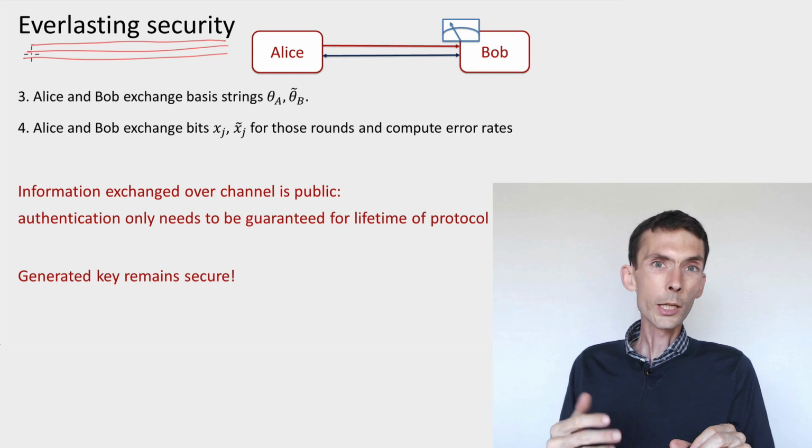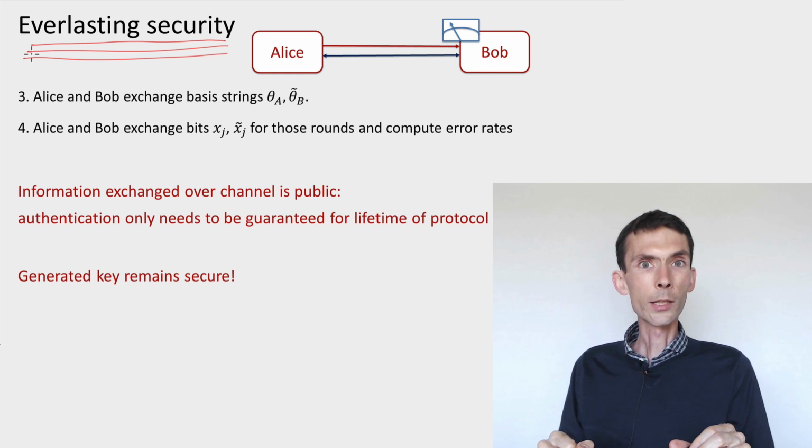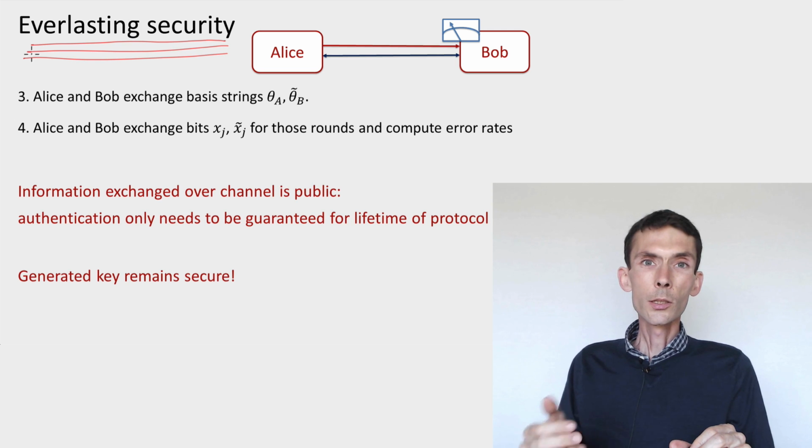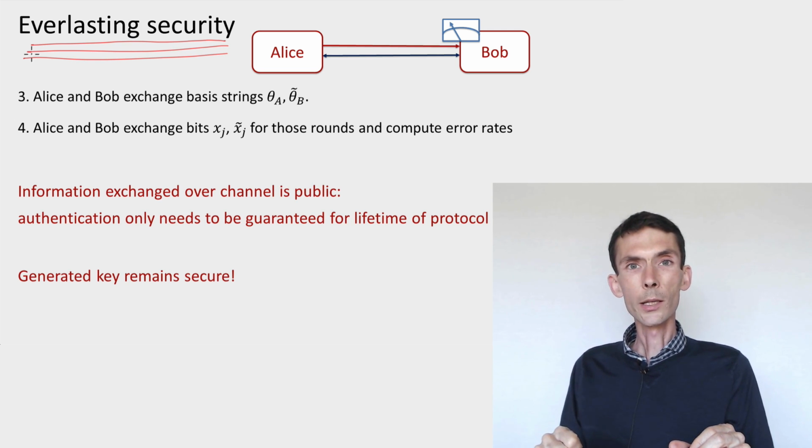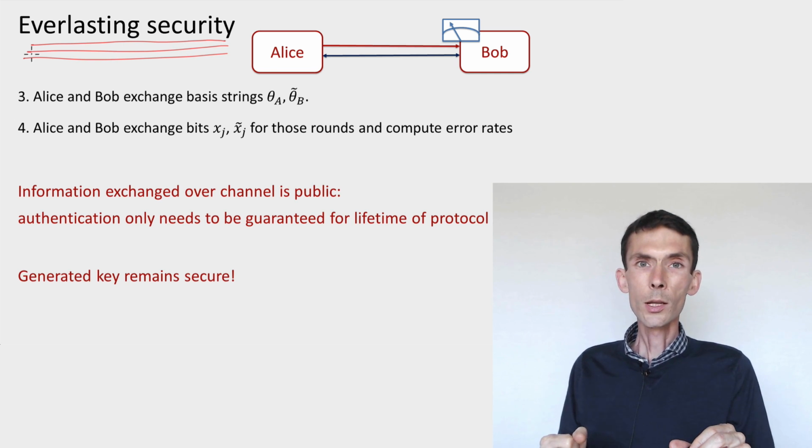Which means that we can consider implementing this authenticated channel not using information theoretic security, as I showed you could be done in the previous slides, but you could also imagine using an authenticated channel that's secure under computational assumptions, under the assumption that the adversary has limited computational power. In that case, you do not need any private key to start with, but you are making this computational assumption.